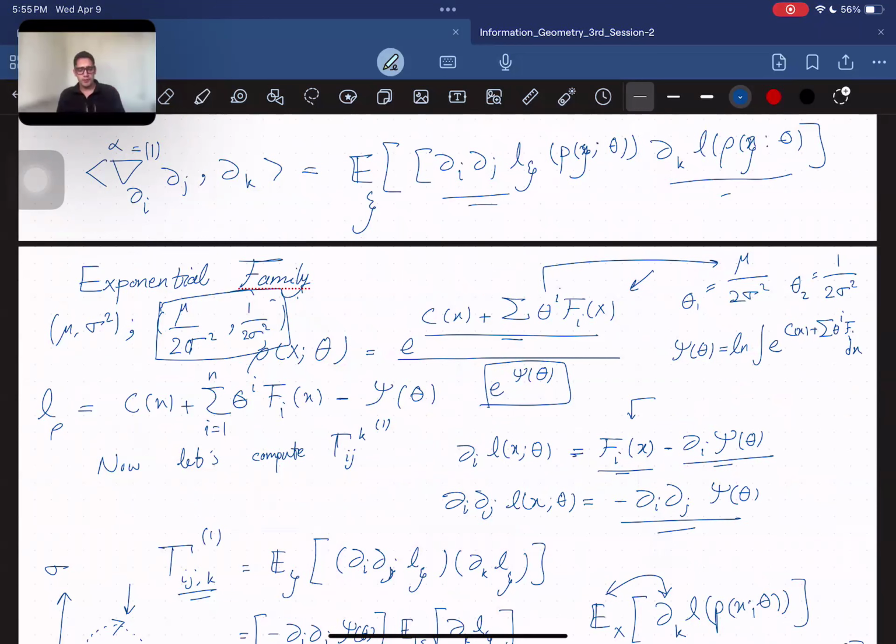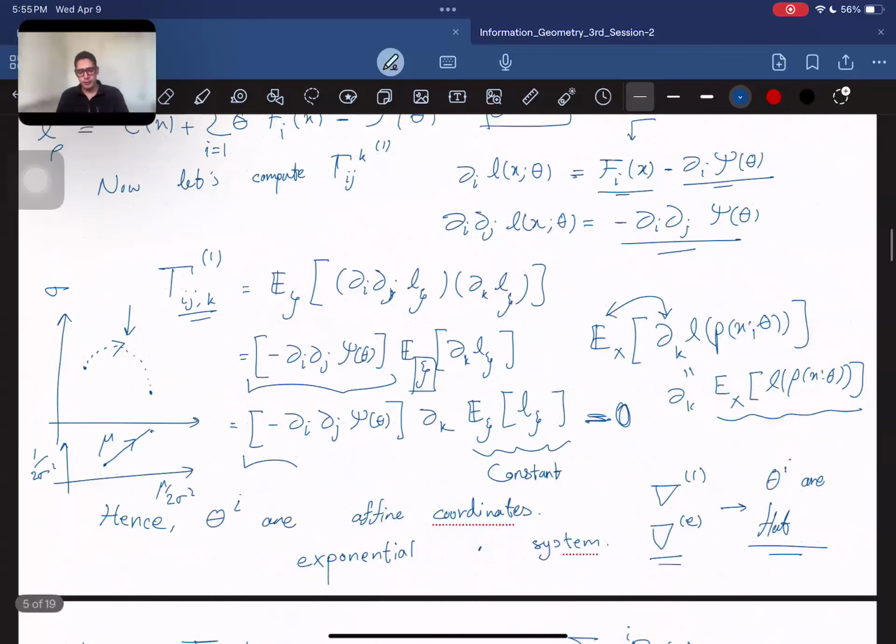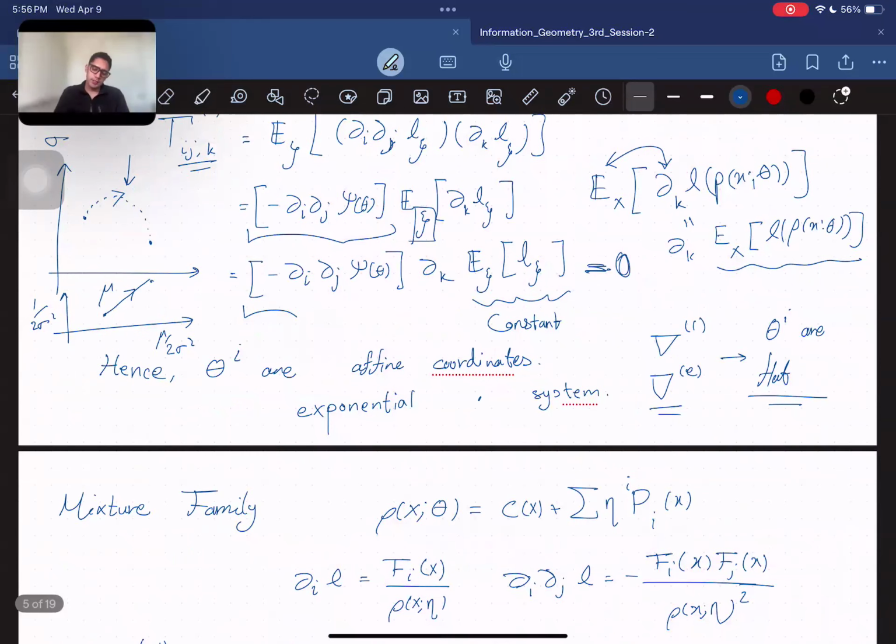Instead of optimizing over your parameter set, you should go with these parameters. Why? Because the geometry they induce or the geodesics they induce is just simple lines. They call this the natural parameterization of exponential family. And we call the connection, which we showed by connection alpha 1, the exponential or exp geodesic.